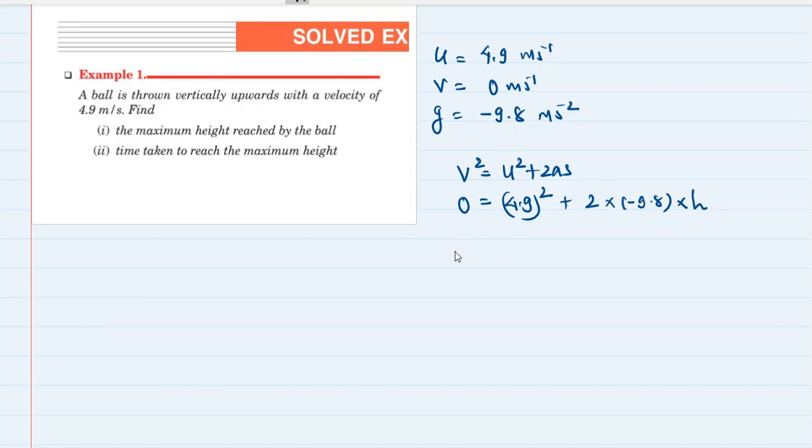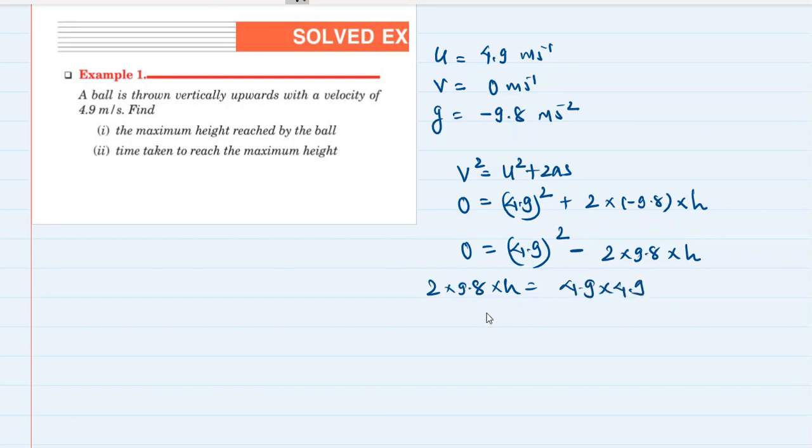So this will become 0 is equal to 4.9 the whole square minus 2 into 9.8 into h. So 2 into 9.8 into h will go to the other side. 2 into 9.8 into h is equal to 4.9 the whole square. That's 4.9 into 4.9. So h is equal to 4.9 into 4.9 upon 2 into 9.8.